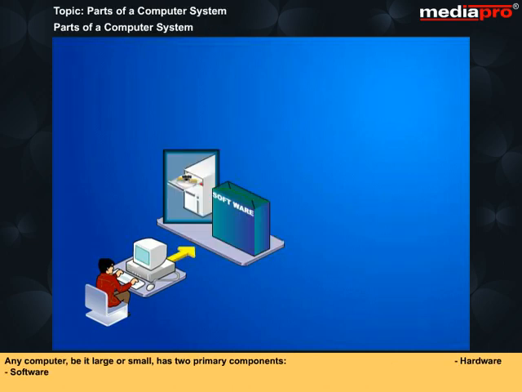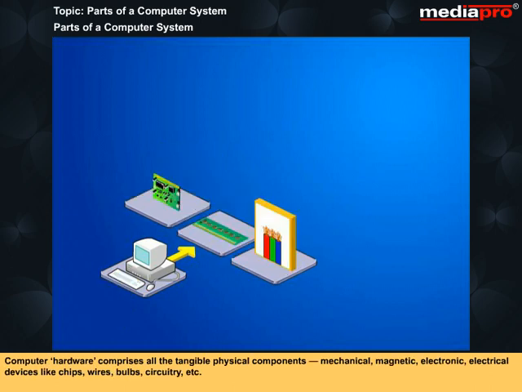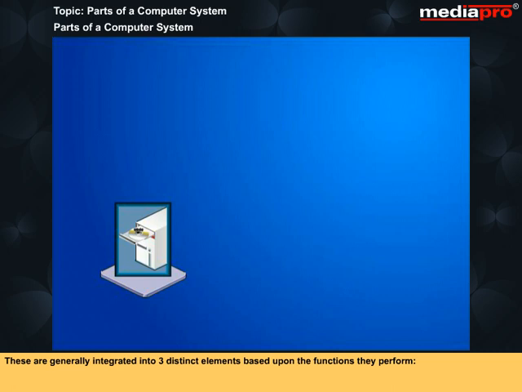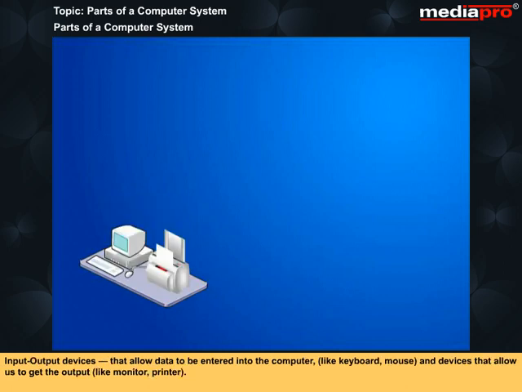Any computer, be it large or small, has two primary components: hardware and software. Computer hardware comprises all the tangible physical components: mechanical, magnetic, electronic, electrical devices like chips, wires, bulbs, circuitry, etc. These are generally integrated into three distinct elements based upon the functions they perform: input-output devices that allow data to be entered into the computer, like keyboard or mouse, and devices that allow us to get the output, like monitor or printer.